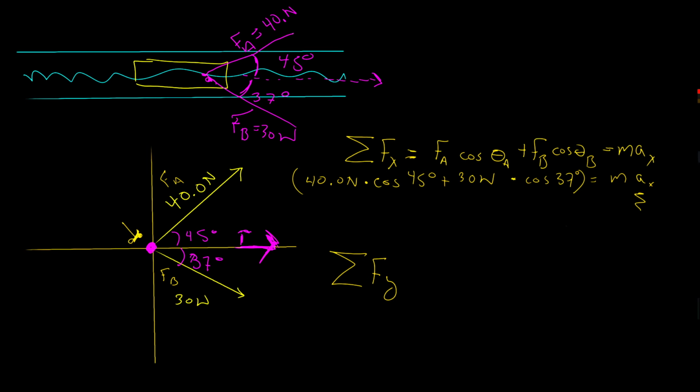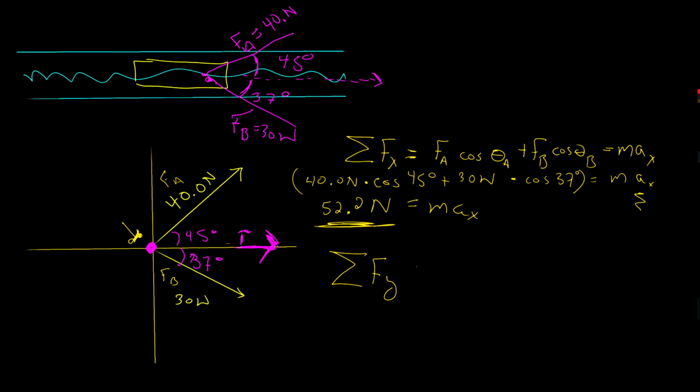So if I take 40 newtons times the cosine of 45 degrees plus 30 newtons times the cosine of 37 degrees, I get 52.2 newtons equals MA. And now I have the force that's happening in the x direction. And so that's how much of this work these two people are doing, or the energy they're expending, is causing a force in the x direction.